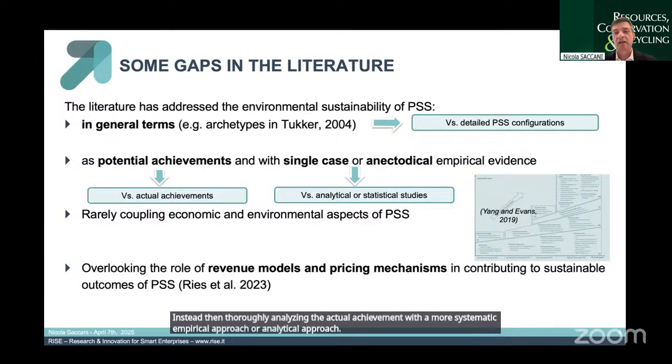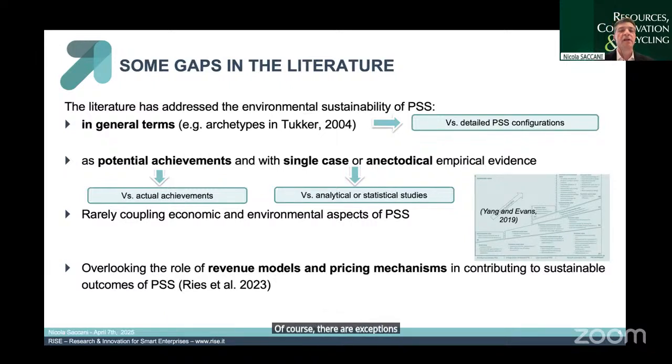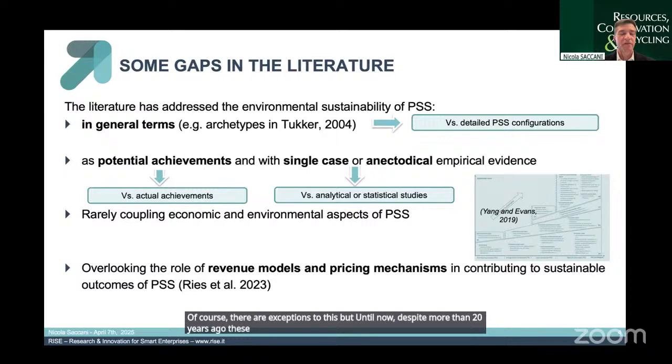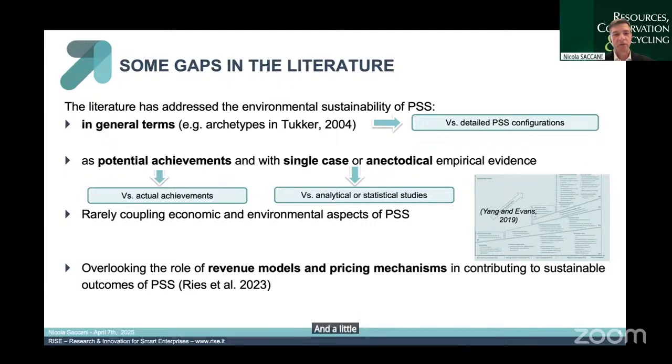Of course, there are exceptions to this, but until now, despite more than 20 years since environmental sustainability was pointed out as one of the main reasons for PSS, research has mostly focused on the business rationale of PSS and a little less on the environmental aspects and how they match the economic aspects.